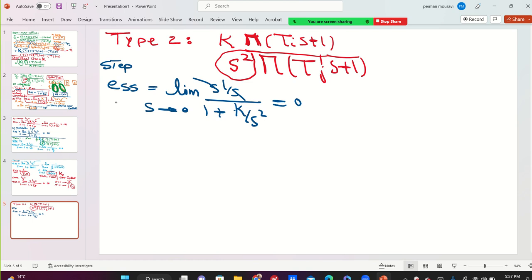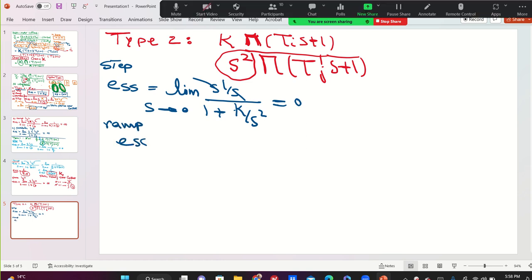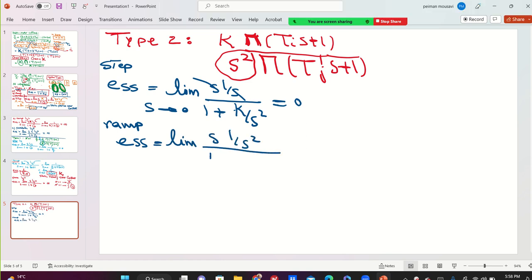When you apply ramp, ESS is going to be the limit of s times 1 over s squared, over 1 plus k over s squared, as s goes to 0. This is going to be infinity.